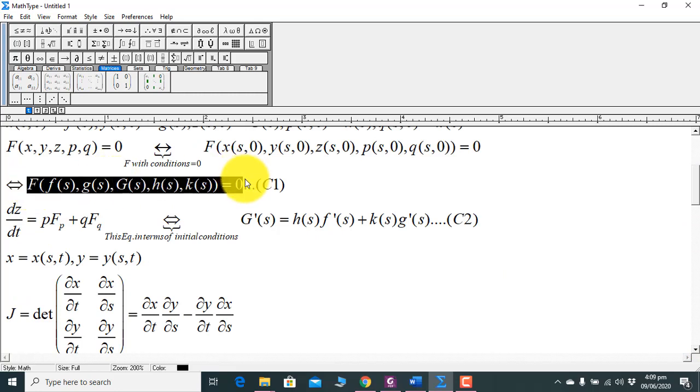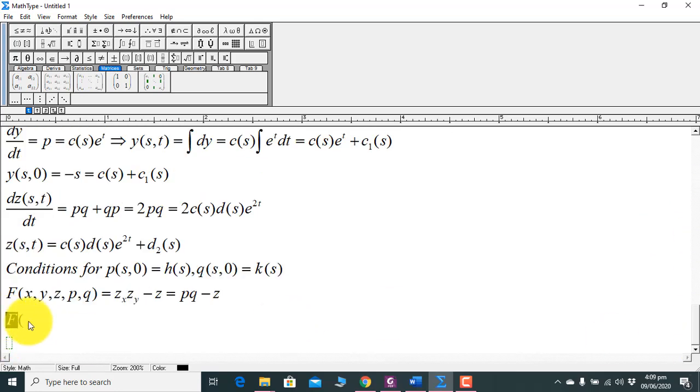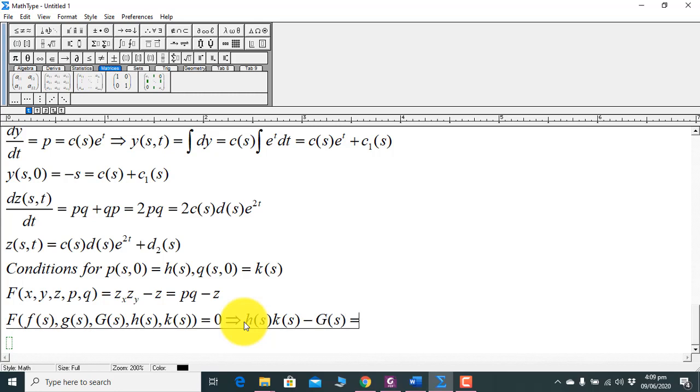F of conditions is 0, which implies that in your problem, PQ conditions has name H of s, K of s minus Z. Z condition is capital G of s, which is 0. But G of s has value 1.